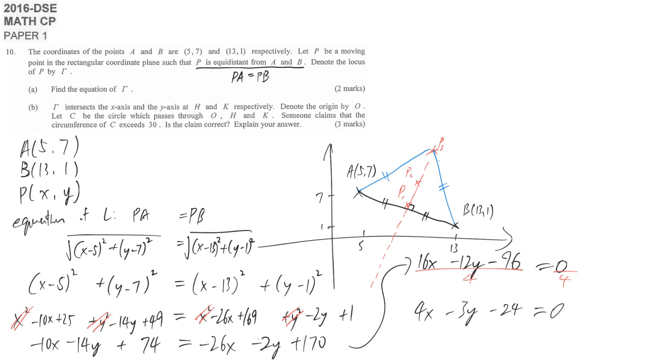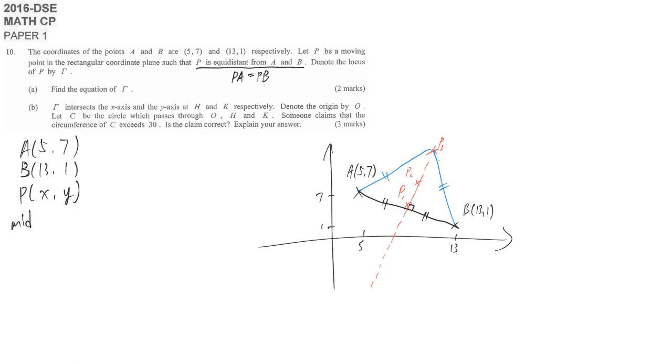However, if you notice that this is talking about the perpendicular bisector, then you may use another approach. We get the midpoint of AB, which is the average of the x coordinates and the average of the y coordinates. After that, we also want to know the slope of AB.